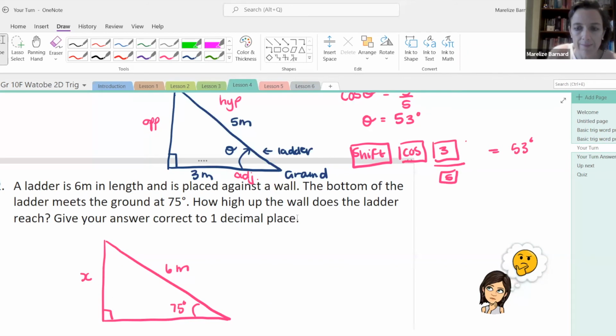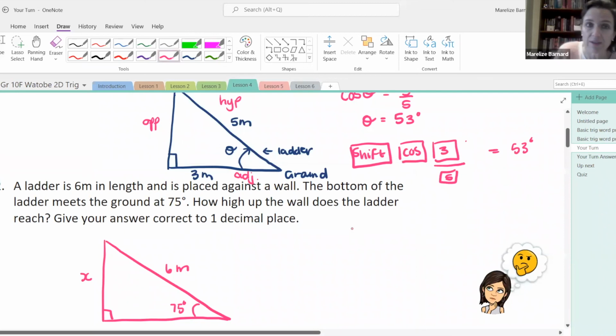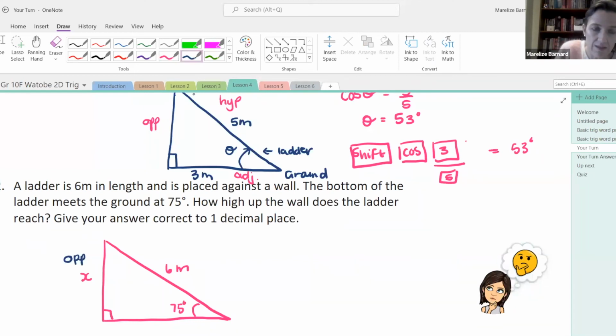So ma'am, if you're given an angle and a side, you use tan? Well, it depends. We have to just make sure that we are using the right combination of sides. So we use our side that we are solving for, which is the opposite side, and the side that we have is the hypotenuse.